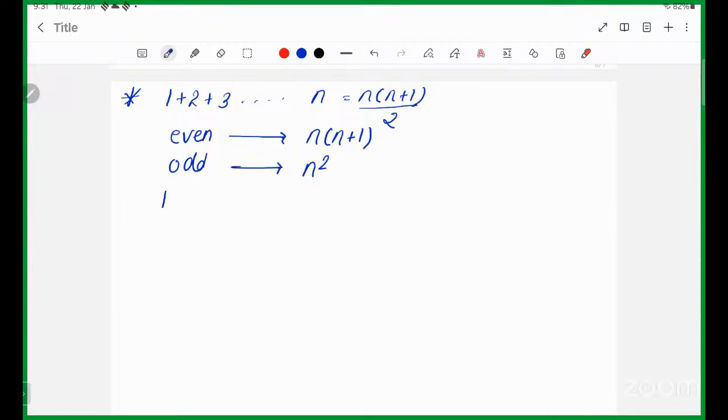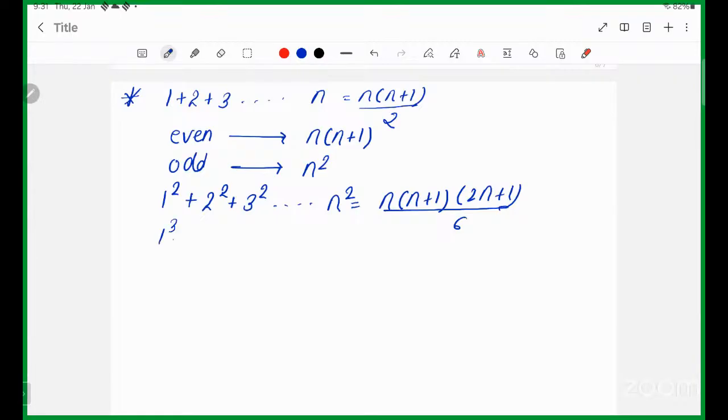And for squares, it is n into n plus 1 into 2n plus 1 upon 6. And for cubes, it is n into n plus 1 upon 2 whole square.